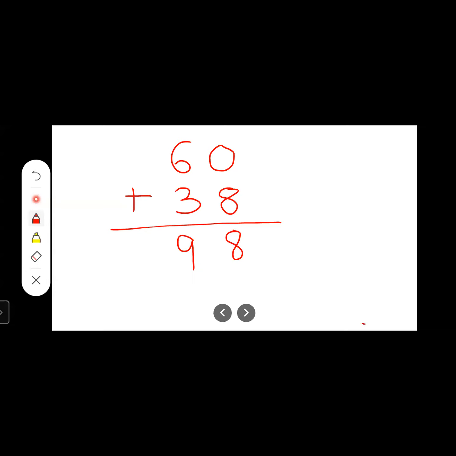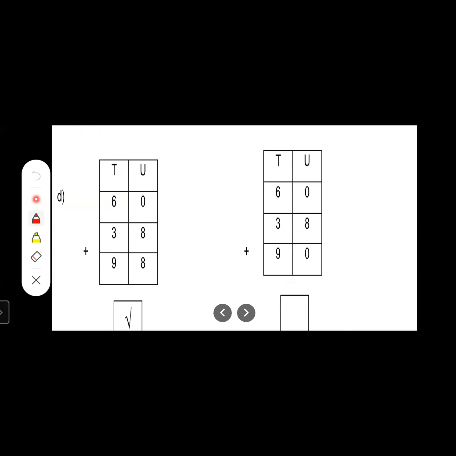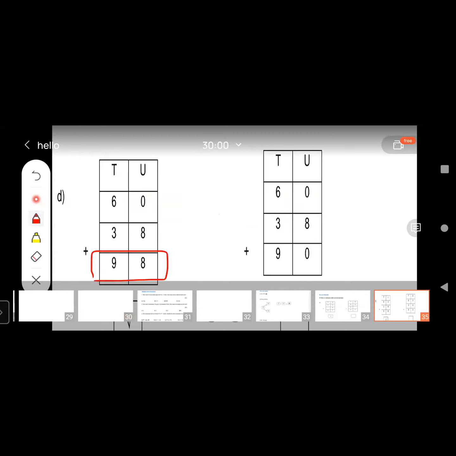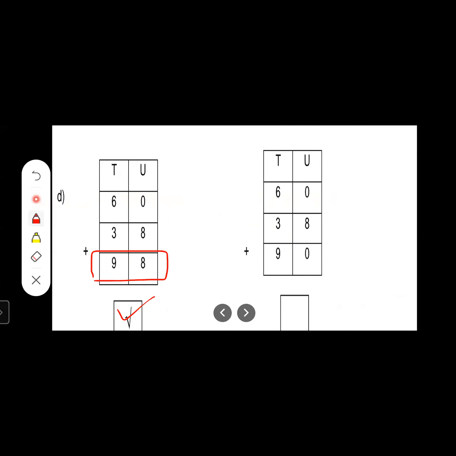So answer is 98. 60 plus 38 is equal to 98. So which box is correct? This one. So we had already ticked. Okay. Did you understand this sum? Then type yes in the chat box.